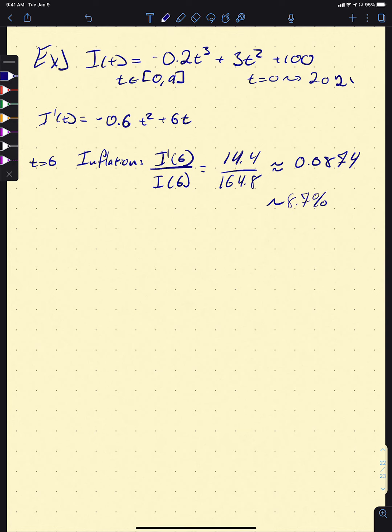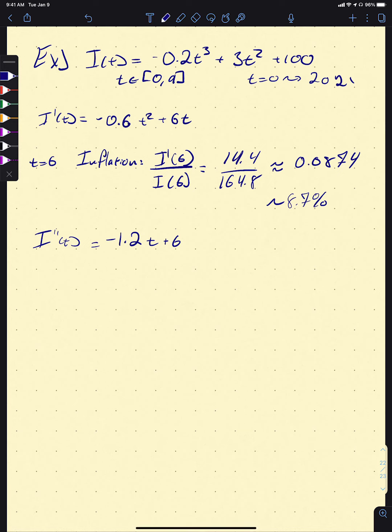Okay, that's an interesting piece of data, but what's my second derivative here? I double prime is going to be minus 1.2t plus 6.